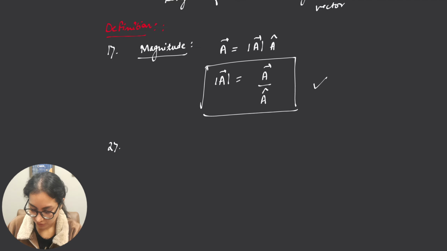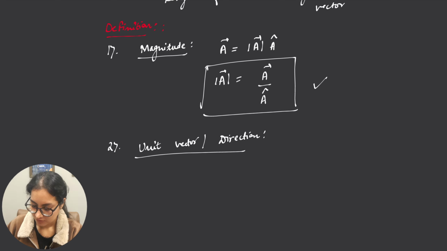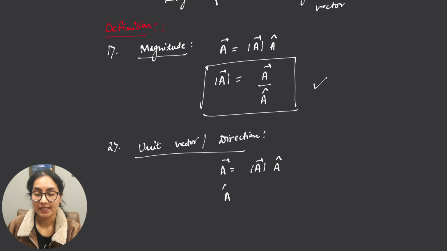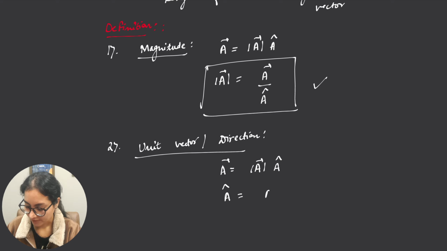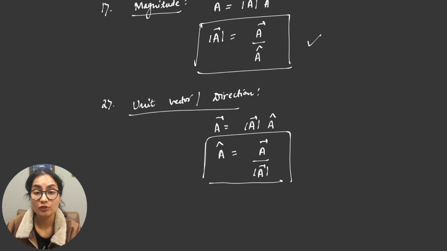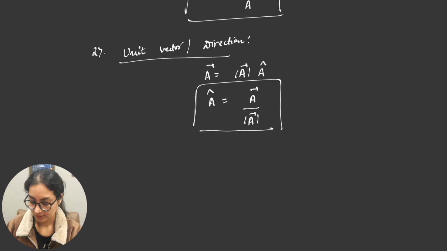Second is the unit vector, or the direction of the vector. So this is again the formula of vectors. So how will I calculate the direction? Vector divided by its magnitude, I will get the direction or the unit vector of the parent vector. What do I mean by this?